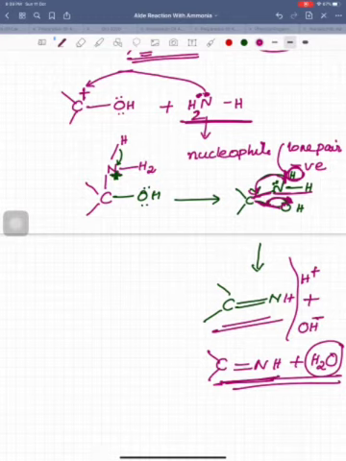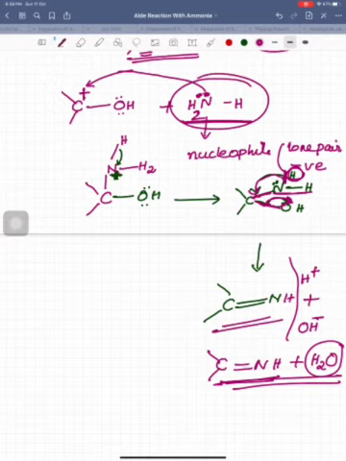Due to the nucleophilic attack of this NH2H portion, we can say that an imine is produced. So that's why it is said that nucleophilic addition along with elimination of water has happened. Yes, that's why it is said to be a nucleophilic addition-elimination reaction. Okay, so this product's name is imine.